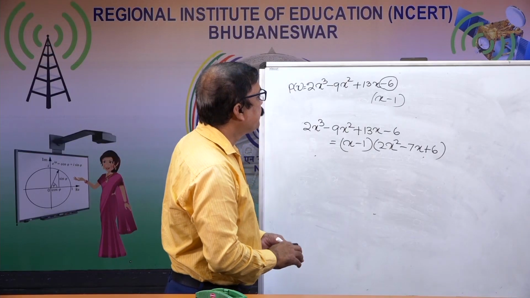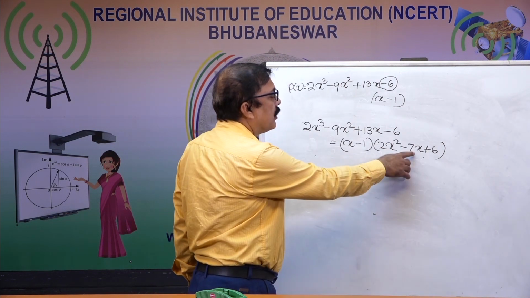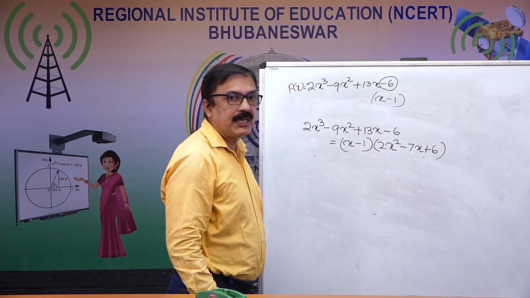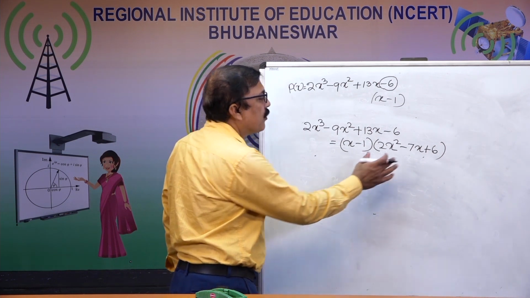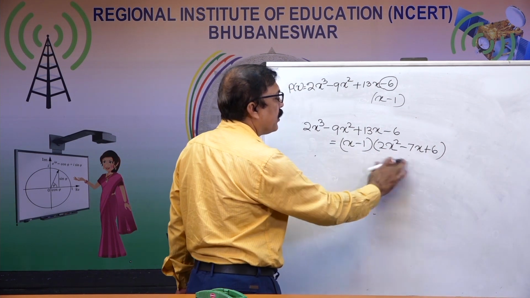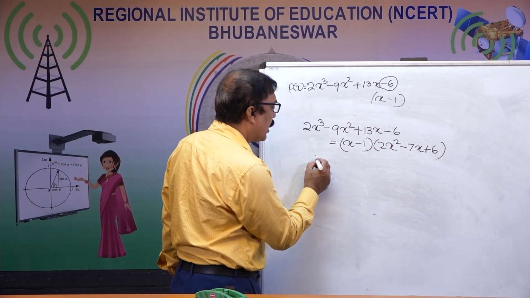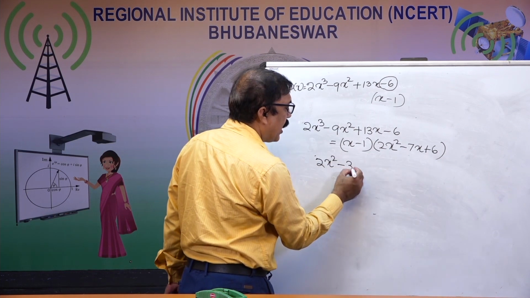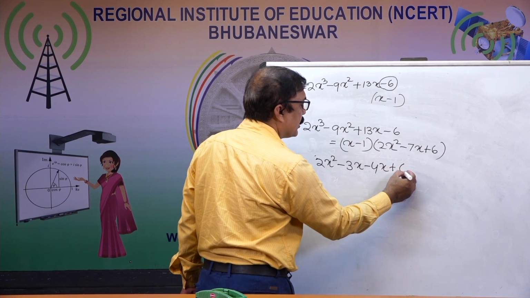Now see, this 2x square minus 7x plus 6 is a quadratic expression, we have to factorize it. In a previous question we have factorized it. Let us do it again. 2x square, the middle term is minus 3x minus 4x, plus 6.